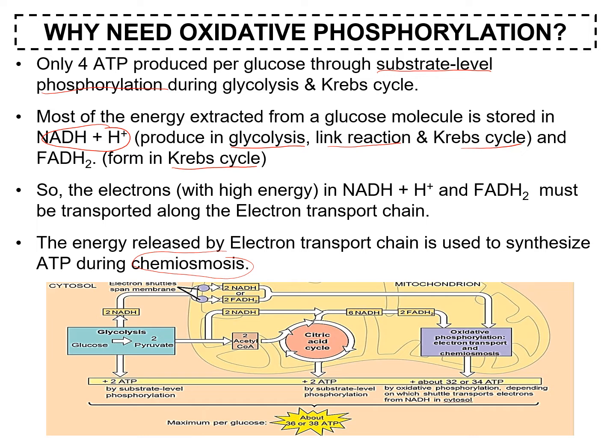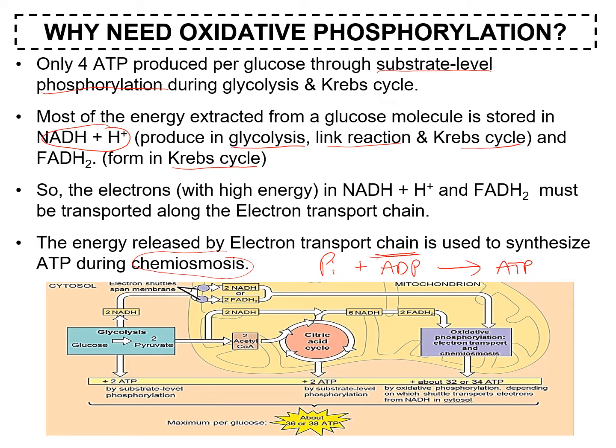Electrons will flow from one component to another through the chain, here the ETC. During the transportation of the electrons, there will be energy released. This energy will be used to bind phosphate to ADP, so it will produce ATP.